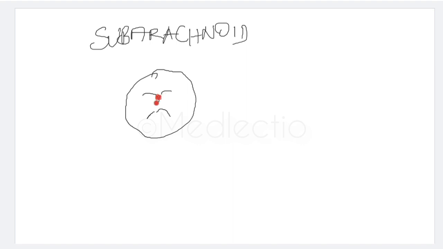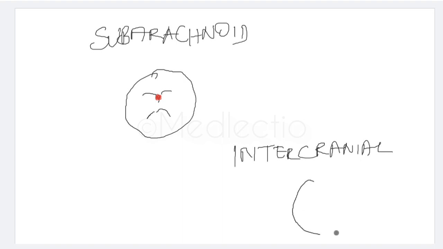So here you will get a white dot in CT. And in intracranial you will see something like this: white patchy dots in the parenchyma in intracranial hemorrhage.